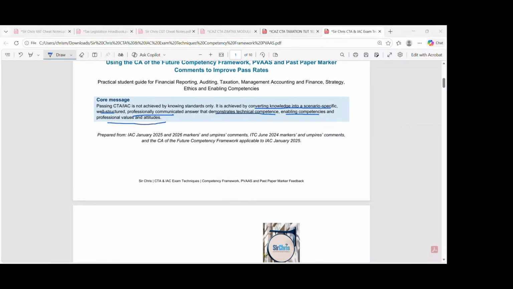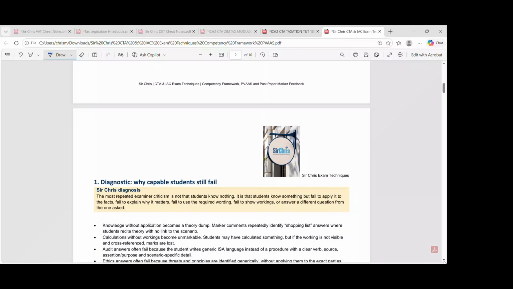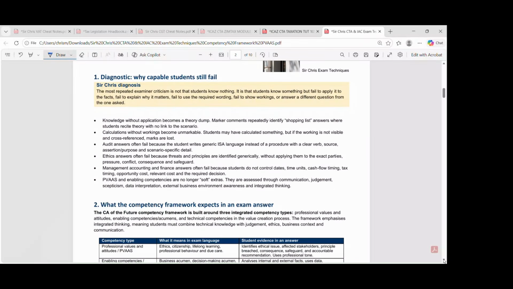So based on this, why do capable students still fail? The most repeated examiner criticism is not that students know nothing. It is that students know something, but fail to apply it to the facts, fail to explain why it matters, fail to use the required wording, fail to show workings, or answer a different question from the one asked.